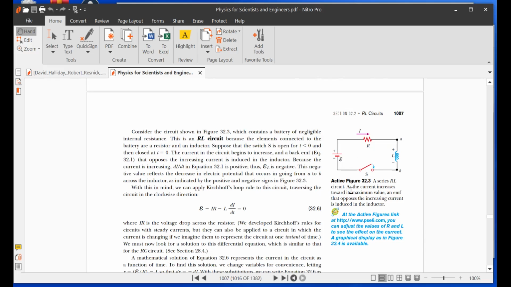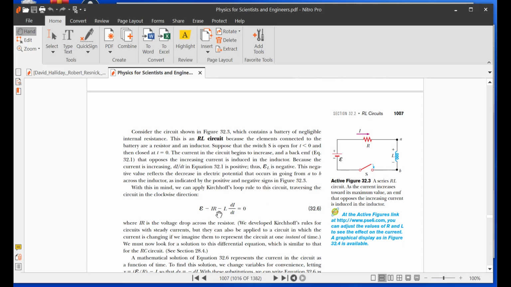But for example, if the initial condition of the switch is open, and then we close the switch, then the current flows through this loop.